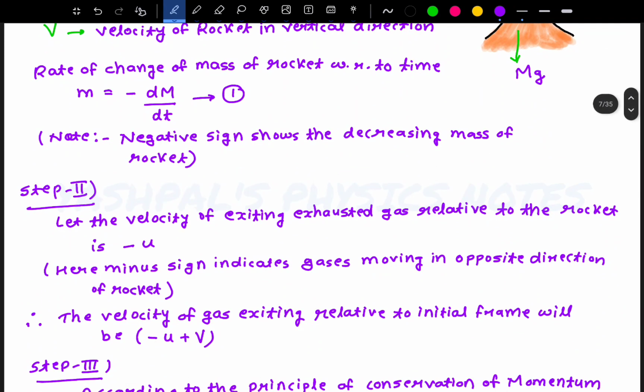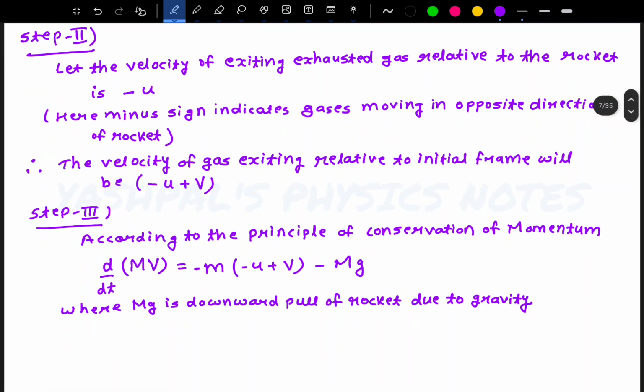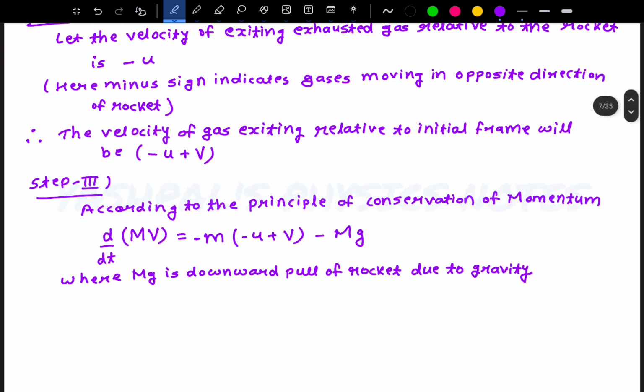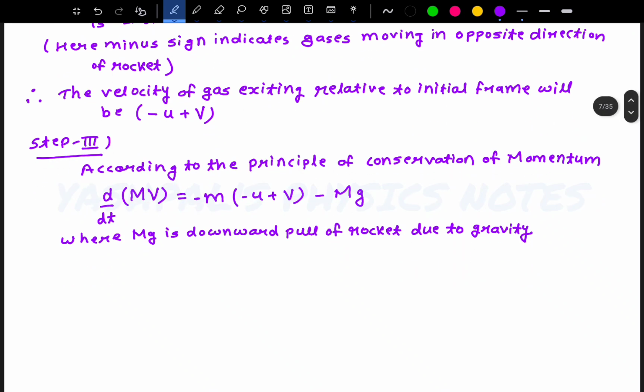Since this is in the downward direction, I have added the minus sign. It is multiplied by the velocity relative to the initial frame, so I have written minus u plus V. And I have added the extra term minus Mg, where Mg is the downward pull of the rocket due to gravity.